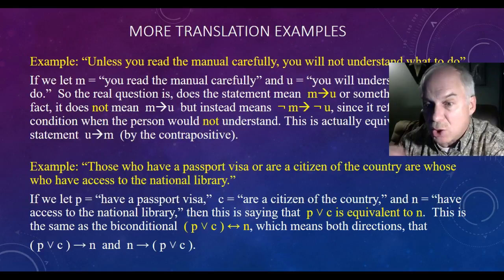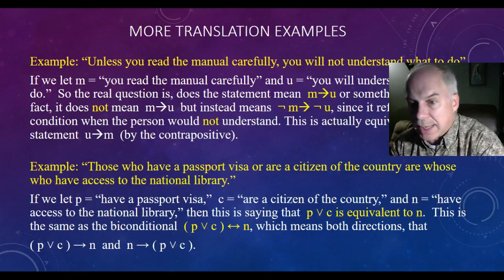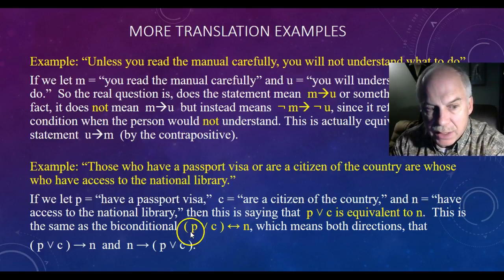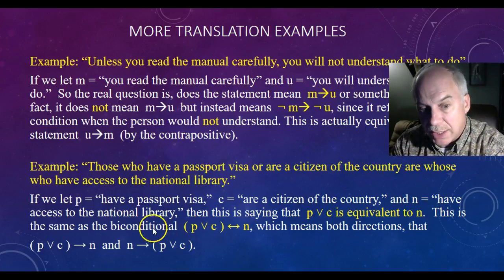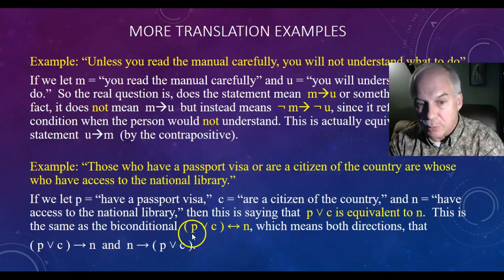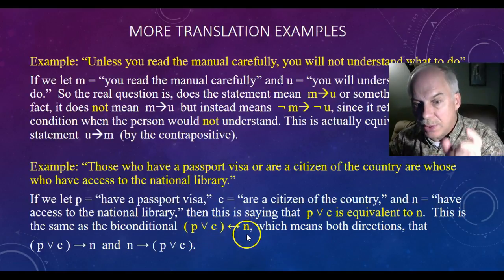So we're equating the group of those who have the passport visa or are a citizen with those who have access to the National Library. So that's why it's an equivalent statement. Now, equivalent statements are like the biconditional, because it goes both ways. So the symbolism would be P or C is equivalent to N.